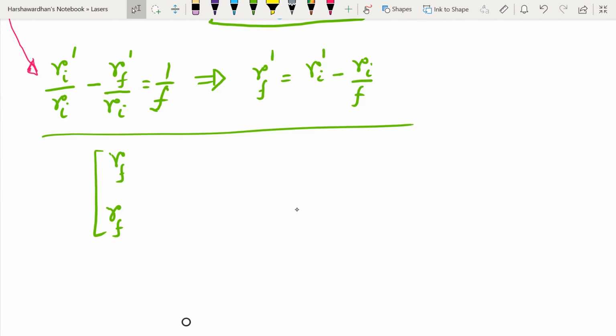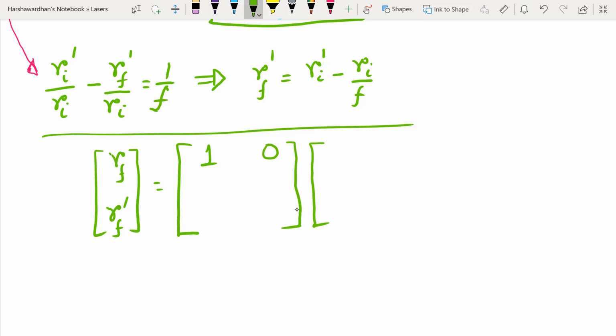My ABCD matrix relates the input and output of a lens. So across a lens, what happens is the lens does not affect the lateral position, right, which is Ri and Ri prime. All that it does is to affect the slope of the input ray, and this is the ABCD matrix, right?